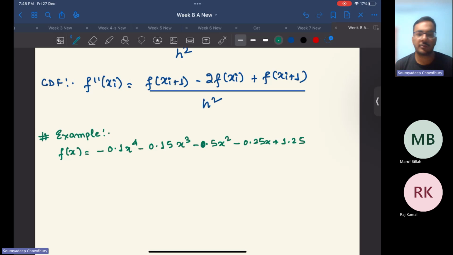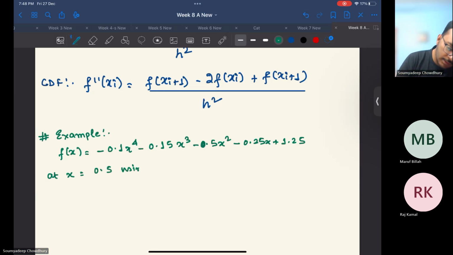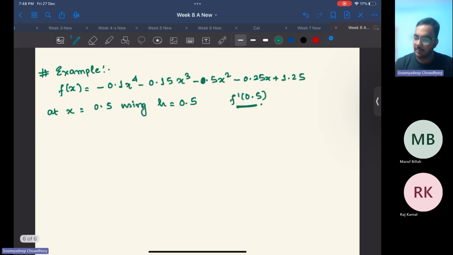This example is only for comparing and finding out whether the forward difference, backward difference, or central difference is more accurate. We want to find f dash x at x equal to 0.5, using step size h as 0.5.